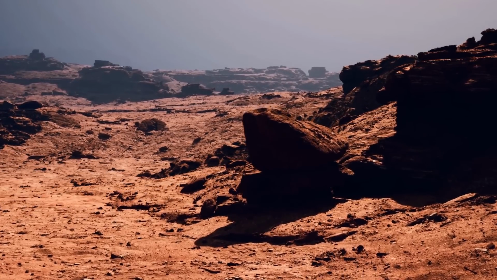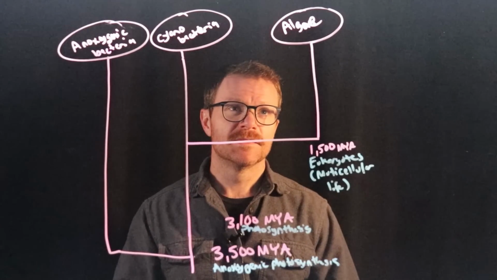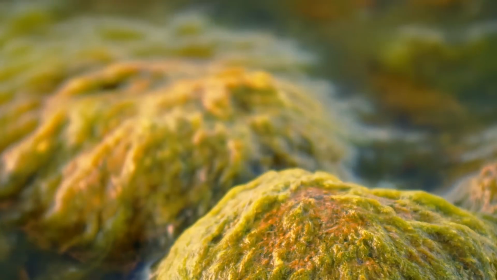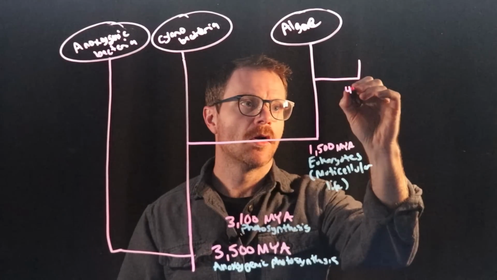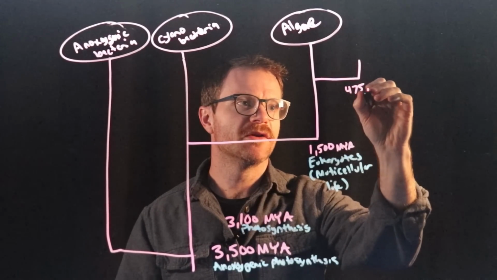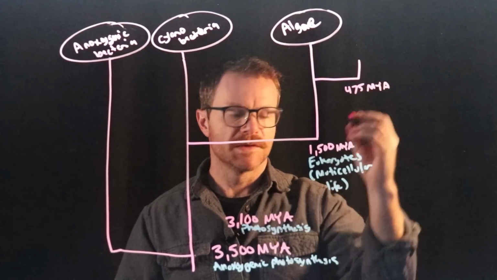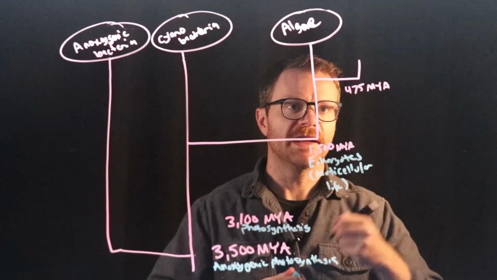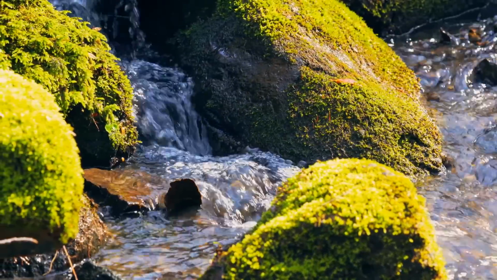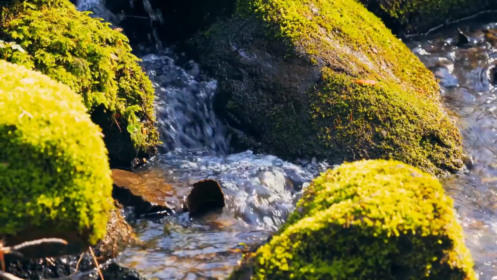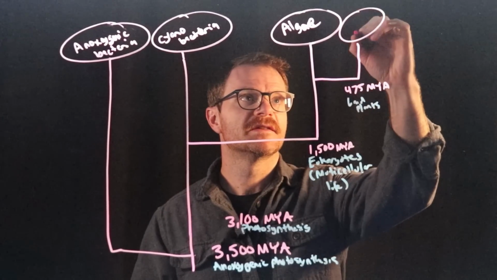The next thing that would happen is some organisms would figure out how to live on land. And about 475 million years ago, we see the first evolution of land plants. And this is when we see our bryophytes.